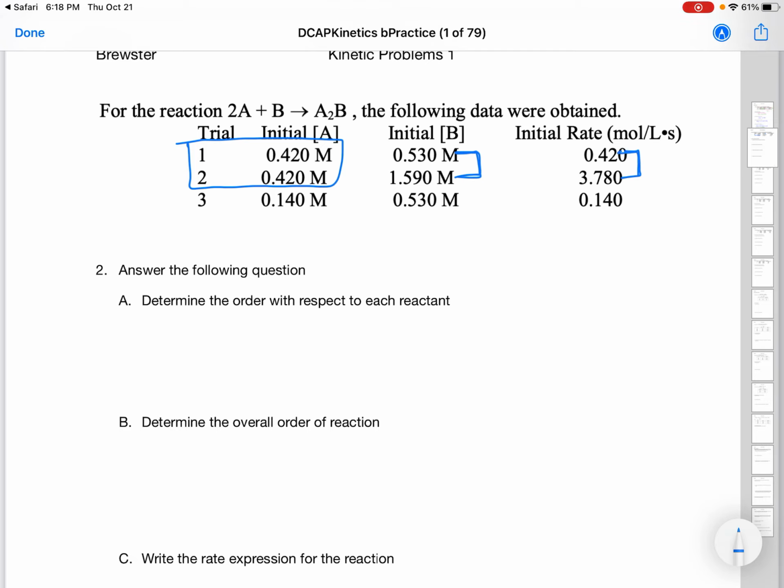And when I do that, I'm going to get that this is times 3 and this is times 9 when I do the math. And again, I said do 3 raised to what equals 9. And 3 squared equals 9, so that means that B is second order.